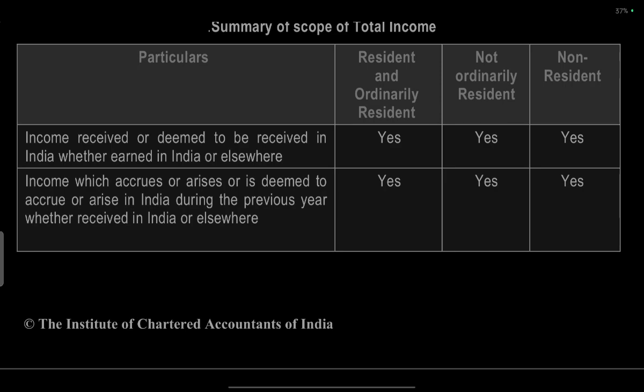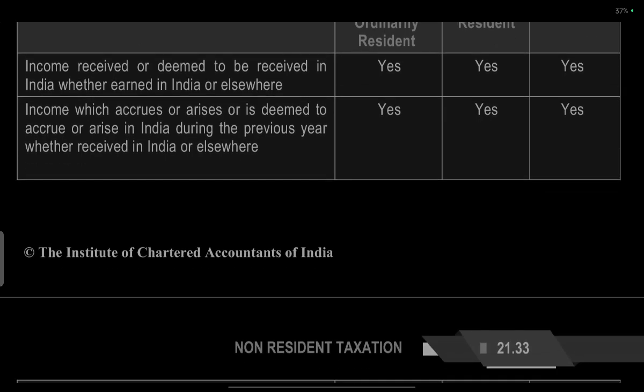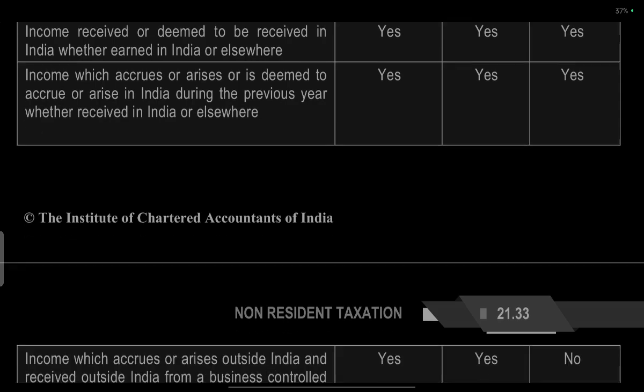Income received or deemed to be received in India, which is also earned in India, is taxable for resident, non-resident, and not-ordinarily-resident alike. Income which accrues or arises, or is deemed to accrue or arise, in India during the previous year, or is received in India or elsewhere, is all taxable.